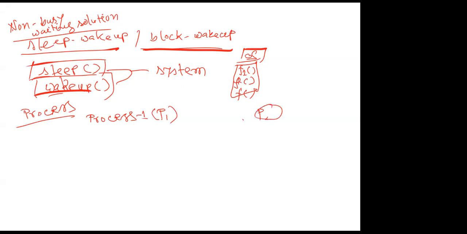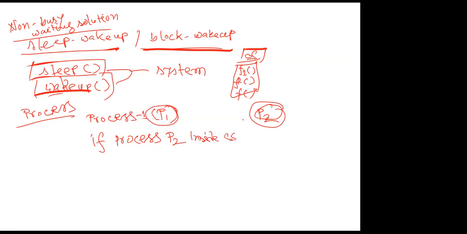Now we consider the non-busy solution, how you can implement the synchronization mechanism by using this non-busy mechanism. Let's check this. Process P2 will check whether process P1 is inside the critical section or not.